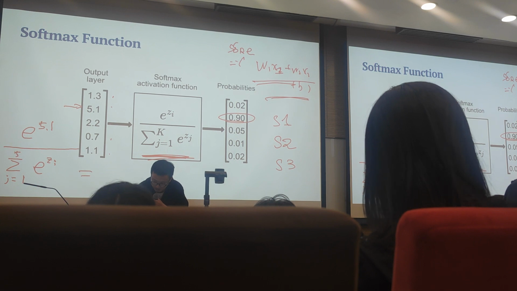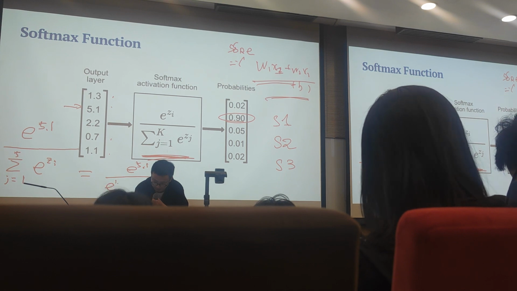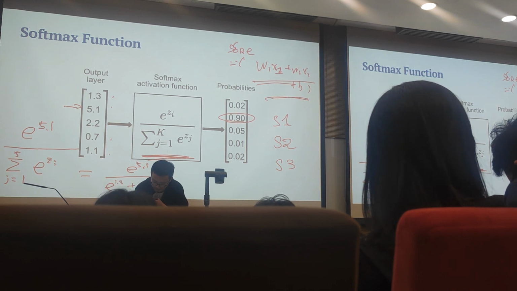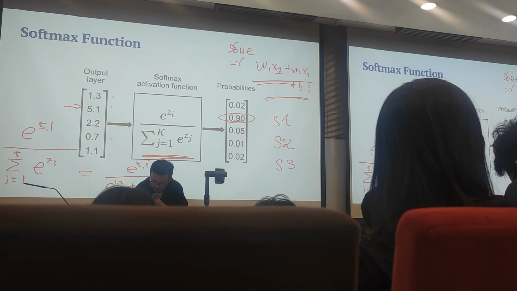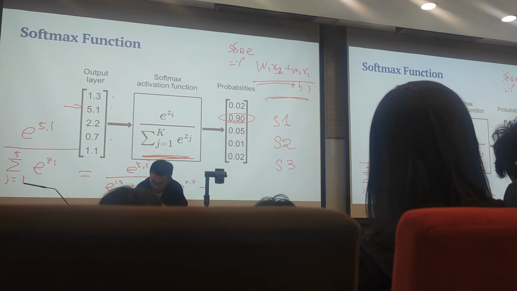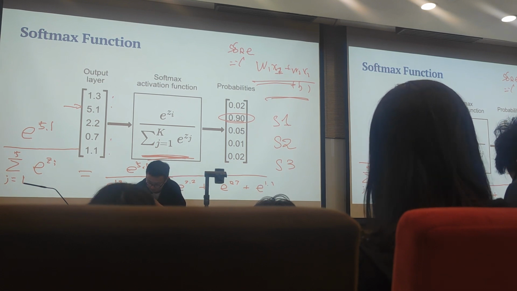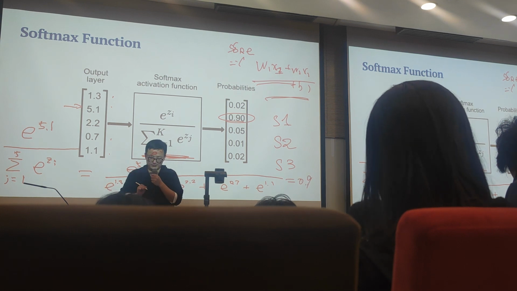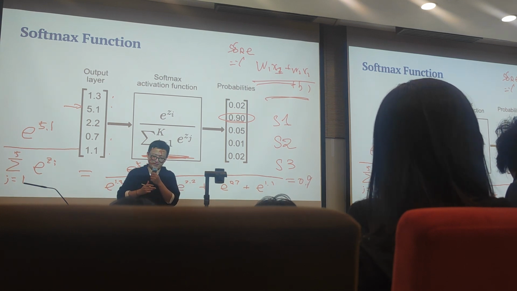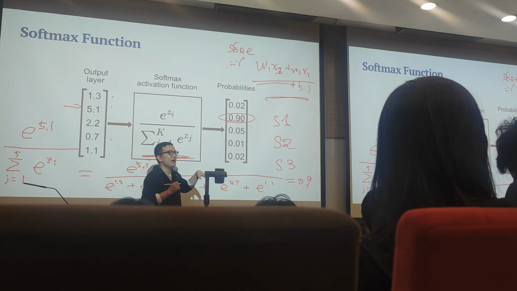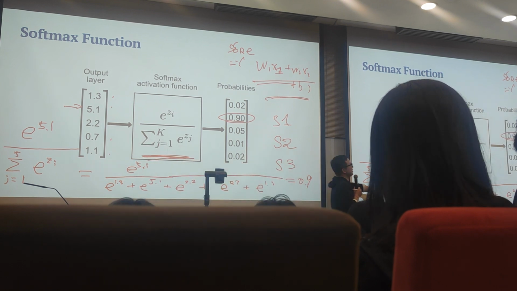So this equals e to the 5.1 divided by e to the 1 plus e to the 5.1 plus e to the 2.2 plus e to the 7 plus e to the 1.1, and equals 0.9. I don't need to compute that because I computed it on the right hand side. Okay, so this is what the computation looks like.